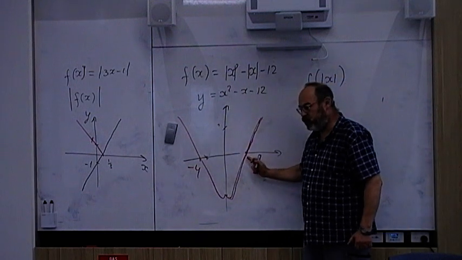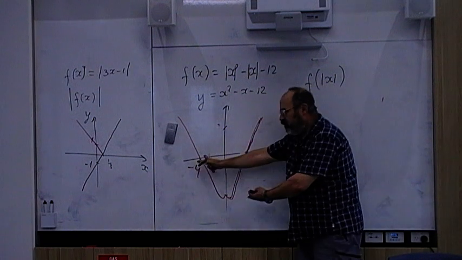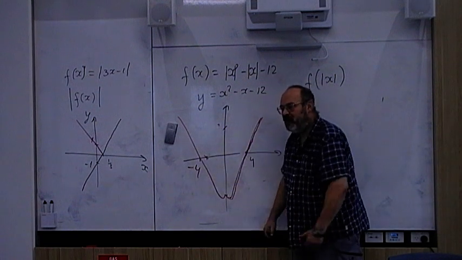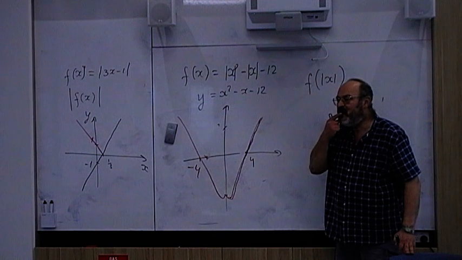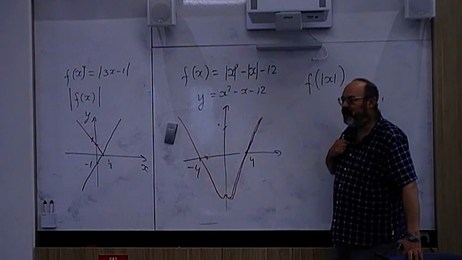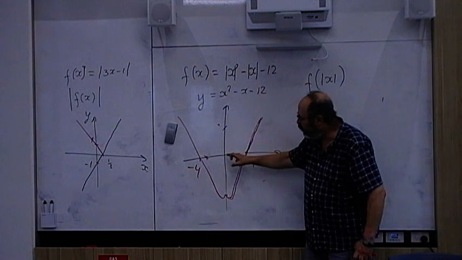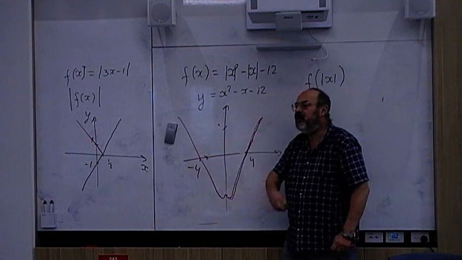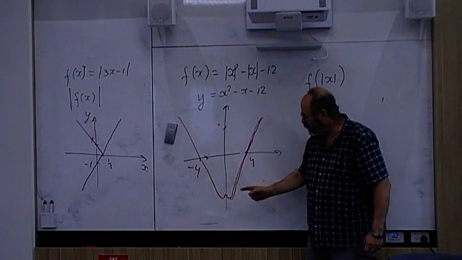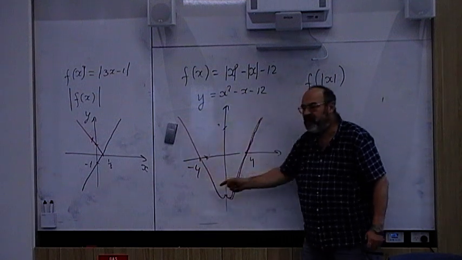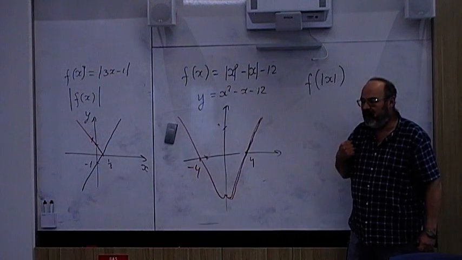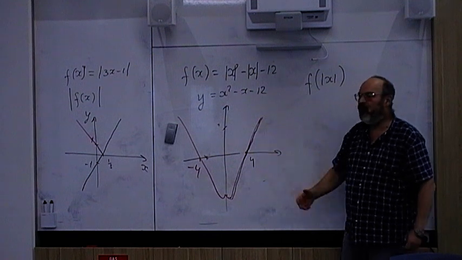So if this was 4, when you reflect it, it becomes negative. I thought modulus makes it so it can't be. But we're not taking the modulus of the function. We're taking only x. So for all negative x, we replace them with the positive x. So we should get exactly the same values of y as we had for positive x.